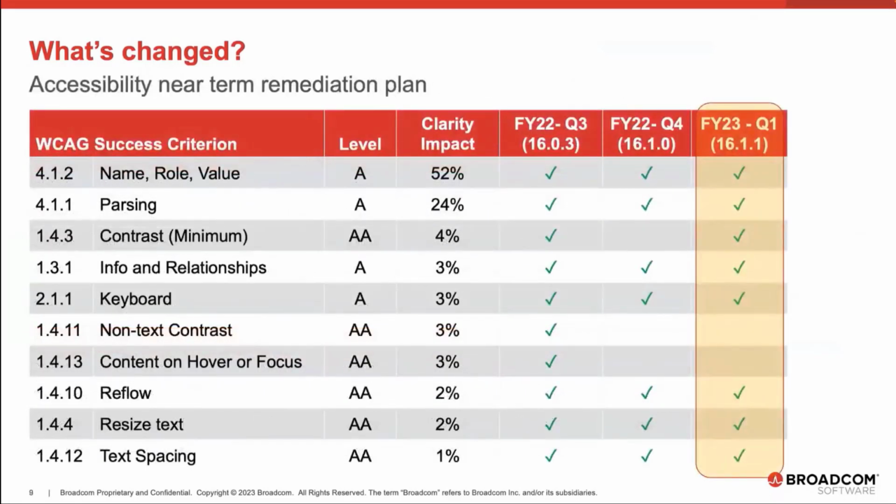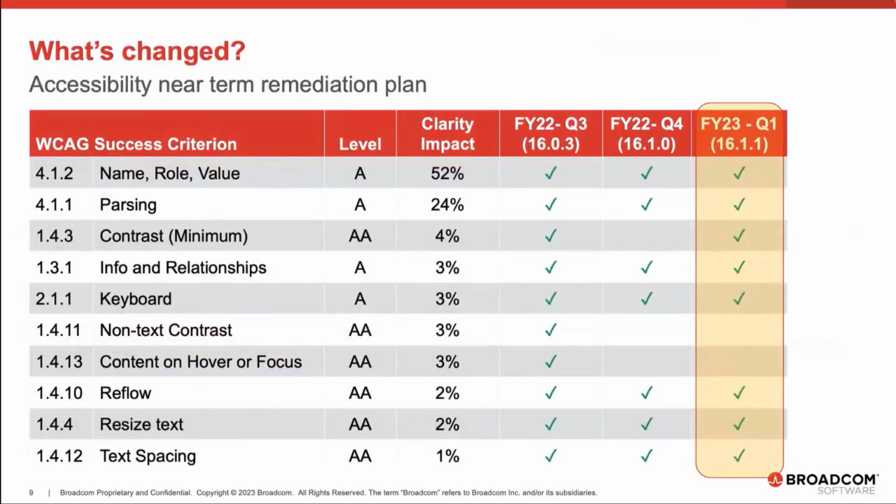So what's changed from an accessibility perspective? I mentioned before that during the VPAT version 1.0 process in May of 2022, our third-party assessor provided the Clarity team with a report containing issues that required remediation.